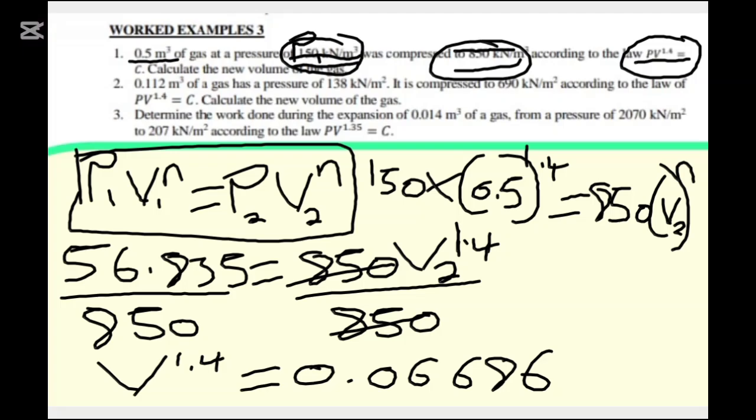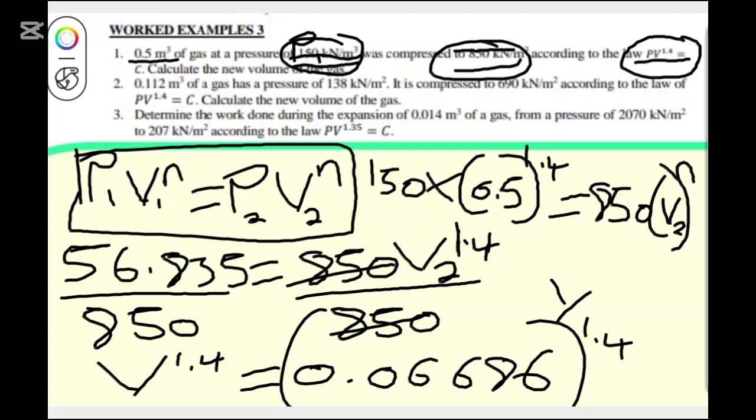So the next thing that I'm going to do, I have to take 1 over 1.4 to both sides. So this 1.4 will go with this 1.4. At the end, it is only V here, and on the right hand side I will have 0.06686 to the power of 1 over 1.4.